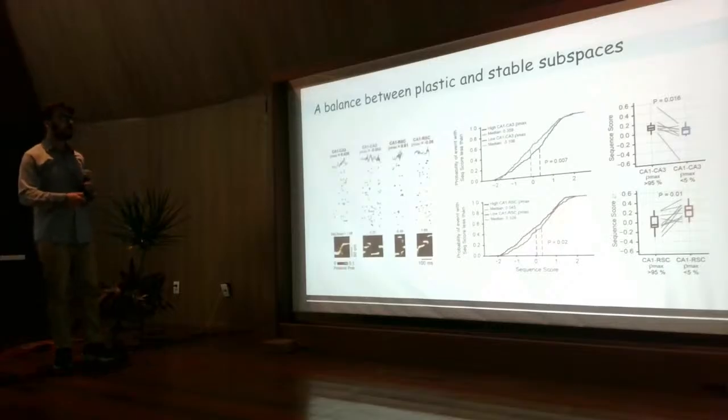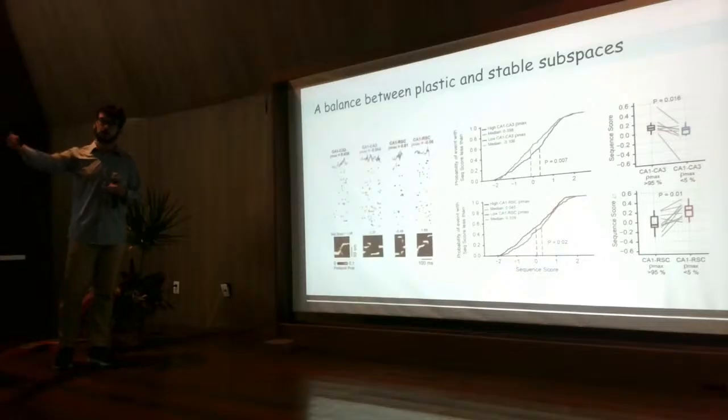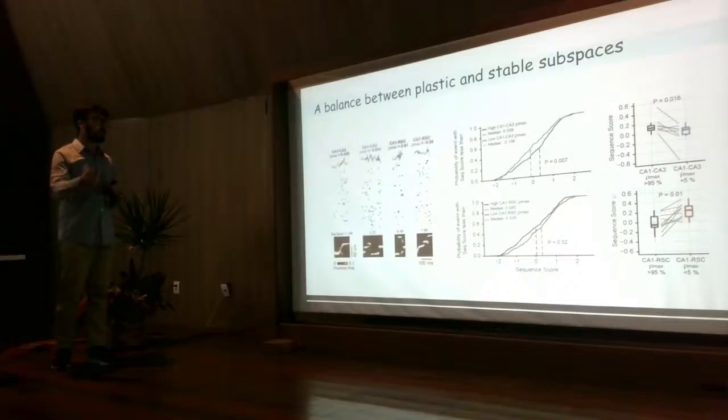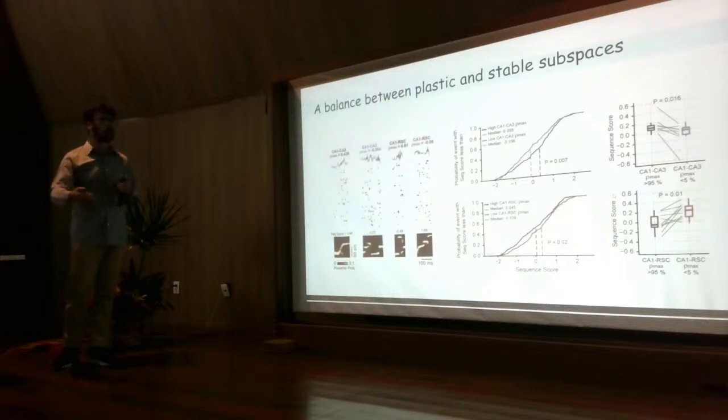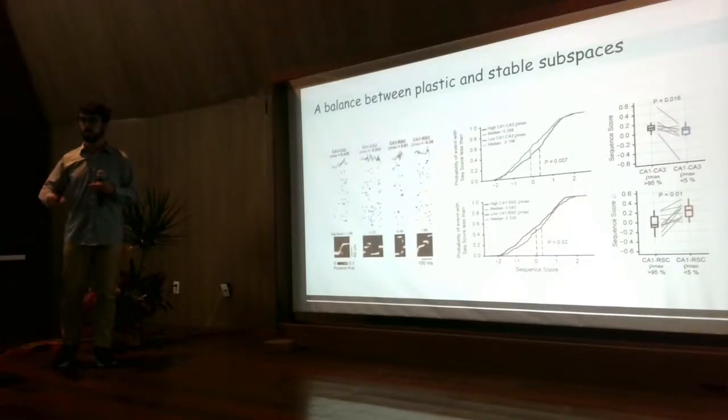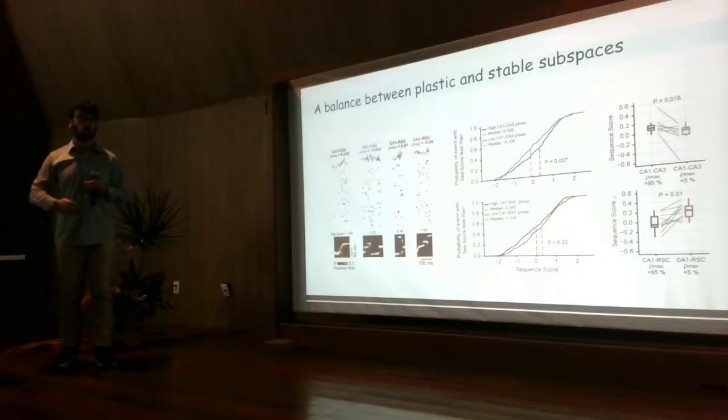But interestingly, when the CA1-retrosplenial subspace, the output subspace, got reactivated, there was no increase in replay, and the replay actually increased when the CA1-retrosplenial subspace was not reactivated. So we see this duality in which we find a plastic subspace related to the inputs from CA3, and a more rigid and stable subspace related to the output to the cortex.